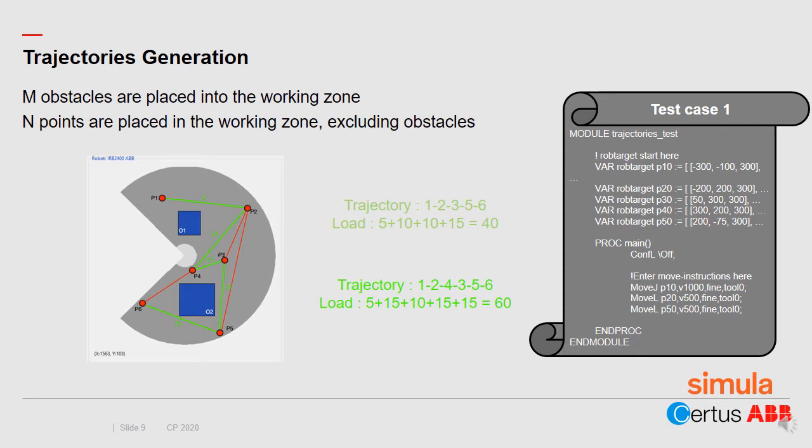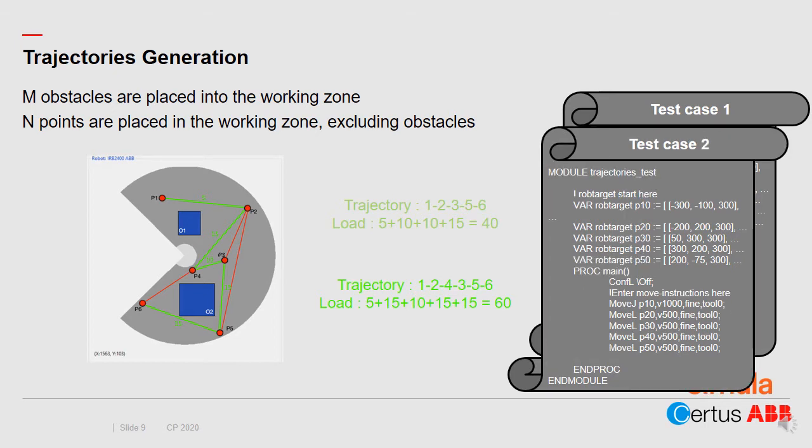And because the trajectory is different, we have a different load on the trajectory. Now it's 60. And the goal is to create another test program, which is different from the previous one. And the goal is to find optimal trajectories based on the load of these trajectories.